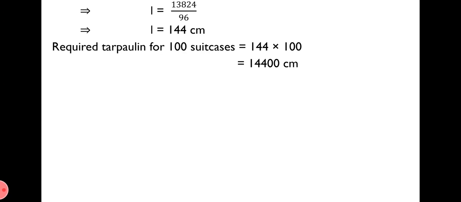So we convert this into meter, that is we know the relation between meter and centimeter. 1 meter equal to 100 centimeter. So we divide by 100, so we will get meter, that is equal to 14,400 upon 100 meter, that is equal to 144 meter. Hence 144 meter of tarpaulin cloth is required to cover 100 suitcases.